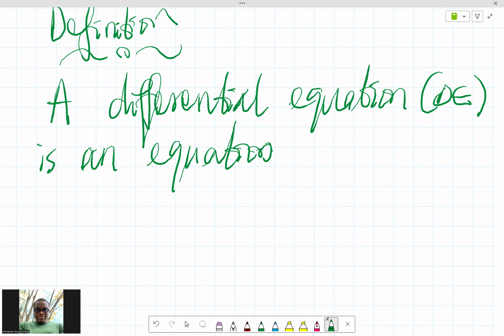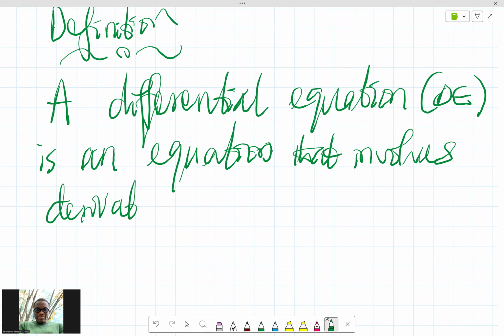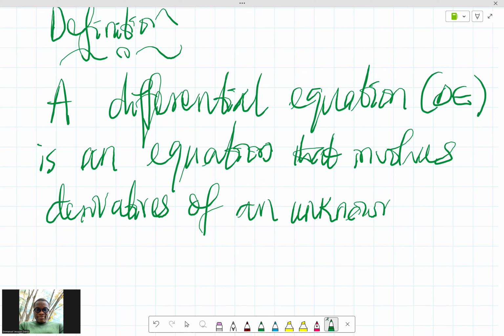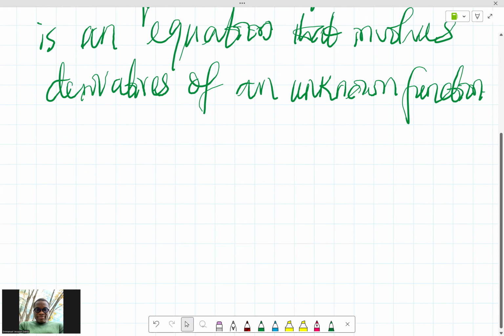That's an equation. So a differential equation is an equation that involves derivatives. That's where the differential part comes in. It involves derivatives of an unknown function. So when you solve a differential equation, you're looking for the unknown function for sure.